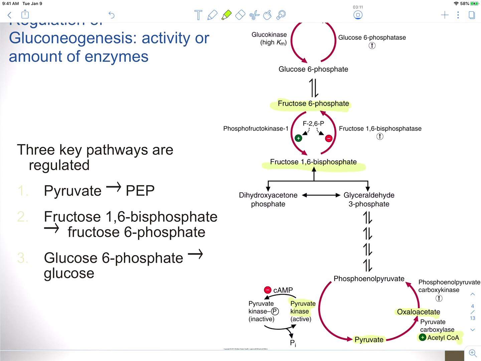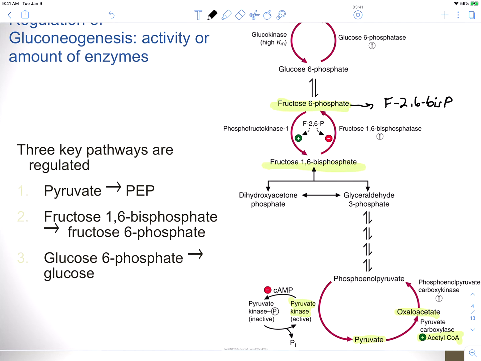As you had an increase of fructose 6-phosphate, remember that this became fructose 2,6-bisphosphate. This is simply saying that we have too much fructose 6-phosphate carbon, so we have to push it to 2,6-bisphosphate, which is going to be a positive regulator of phosphofructokinase 1 because it wants to make that fructose 6-phosphate into fructose 1,6-bisphosphate.